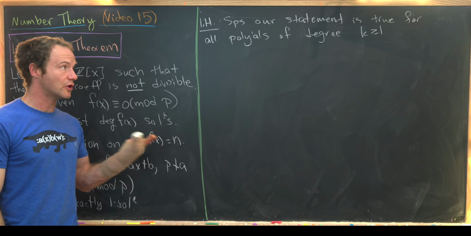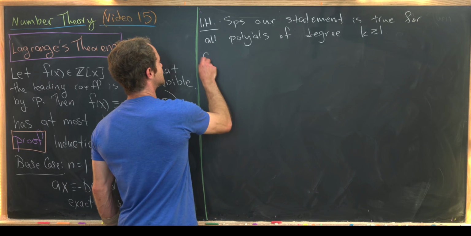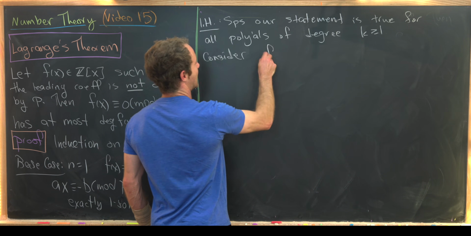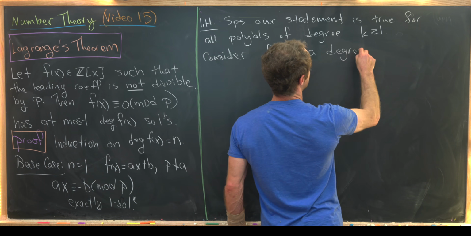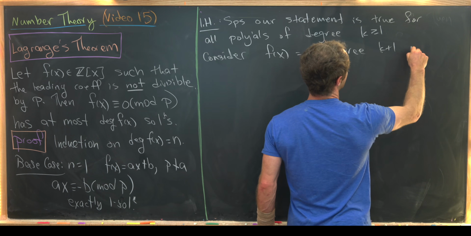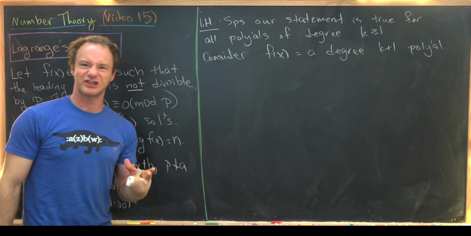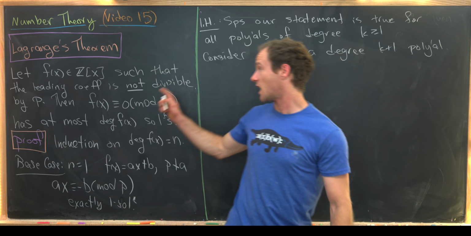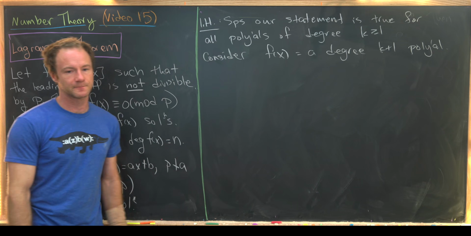And then we want to show that it's true for a degree k plus 1 polynomial. So let's consider f(x), which is a degree k plus 1 polynomial. And I won't write this down, but I'll just say it in words, where the leading coefficient is not divisible by p. So it satisfies the hypothesis over here.